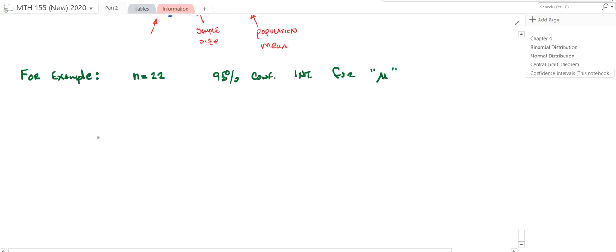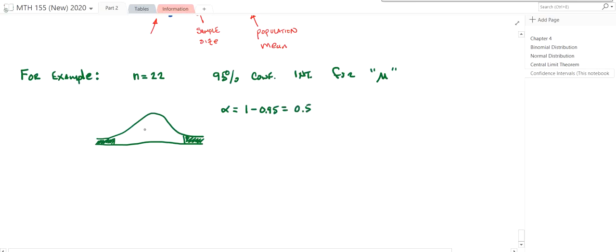Well, the first thing we need to do is, well, draw a picture. What's going on here? 95% confidence interval means that alpha equals 1 minus 0.95 equals 0.05.